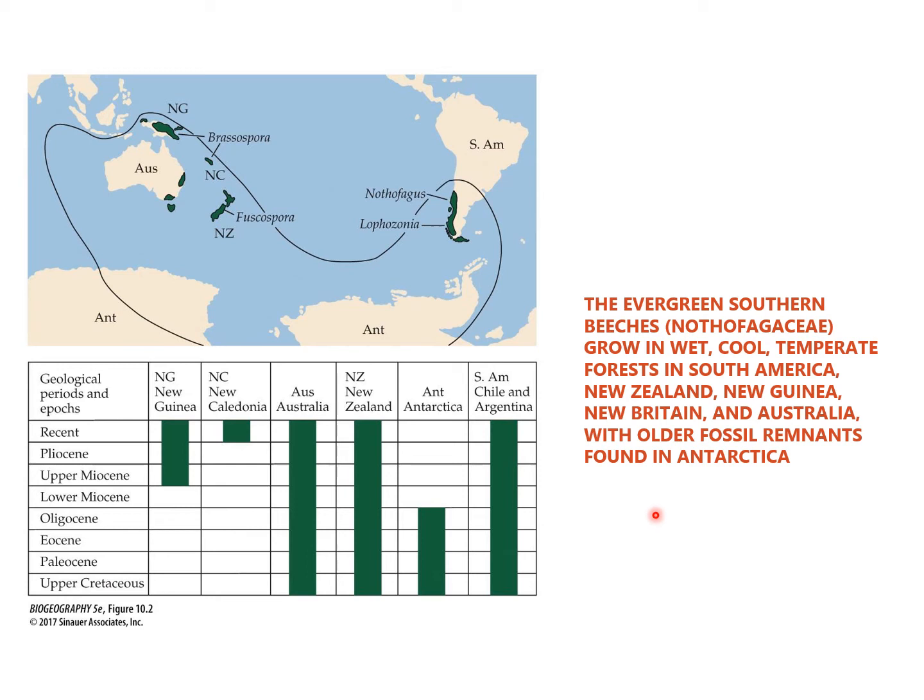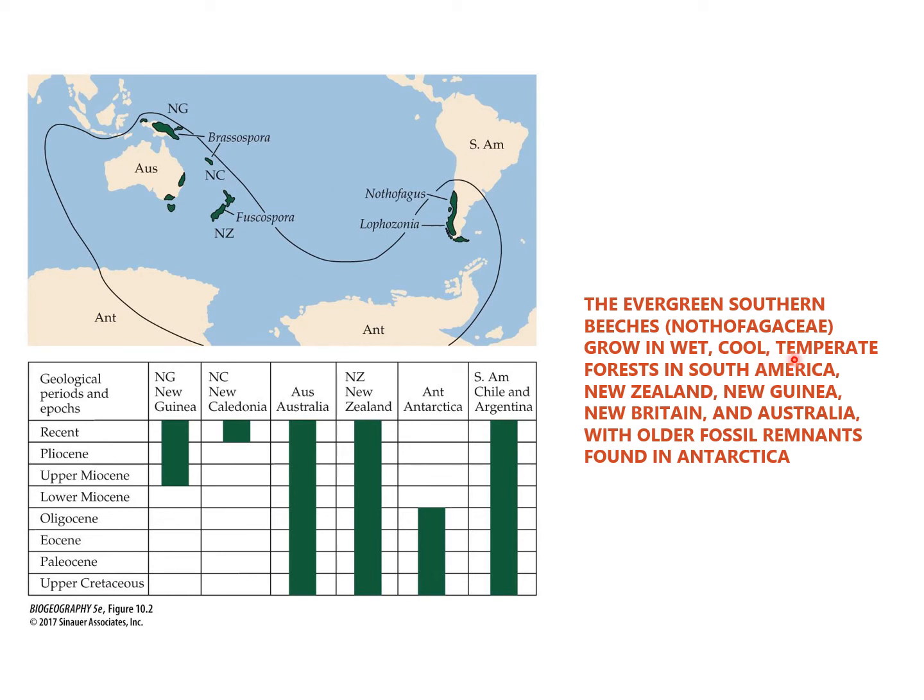Here, this map is basically the southern hemisphere, and we're looking at the historical and current distribution of the evergreen southern beeches, Nothofagaceae. I won't ask you to repronounce that, but these are beech species that are evergreen.